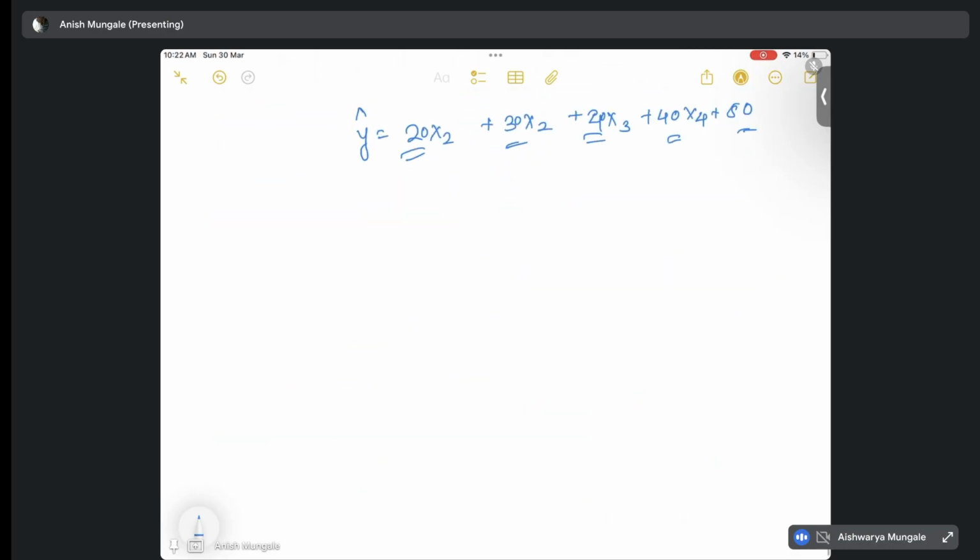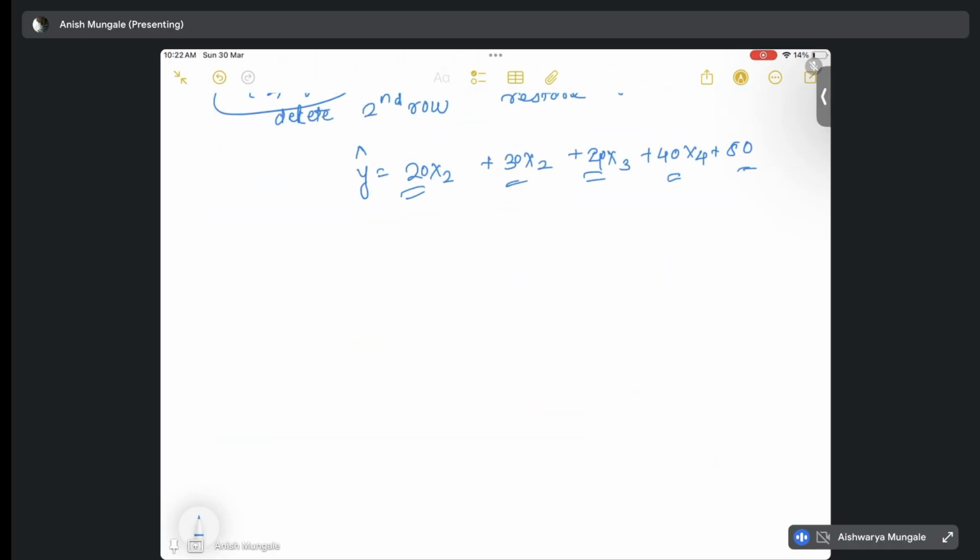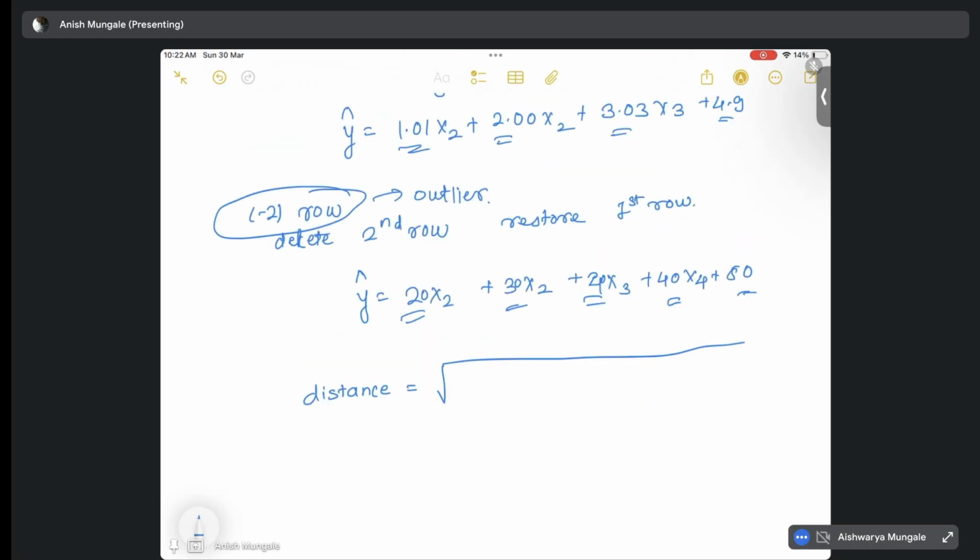How will you measure the change? In order to measure the change, just calculate the distance. The distance will be equal to the square root of, let me just say that this is 2, 3, 4, 5 and 6, just for ease of calculation.